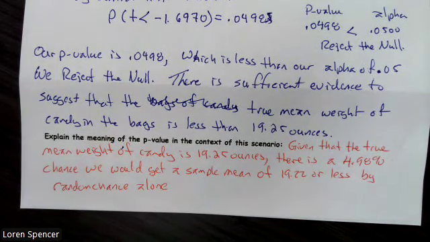All right, given the true mean weight of the candy is 19.25 ounces, there is a 4.98% chance that we would get a sample mean of 19.22 or less by random chance alone.